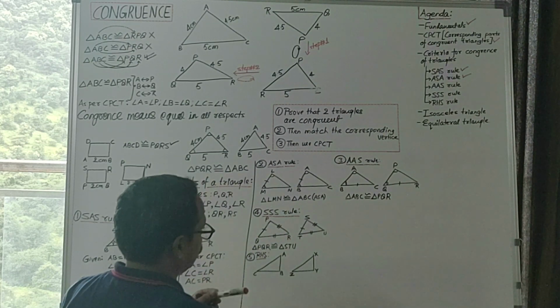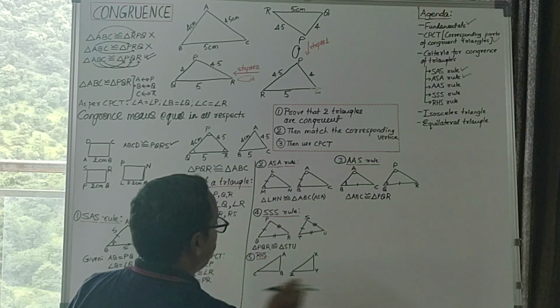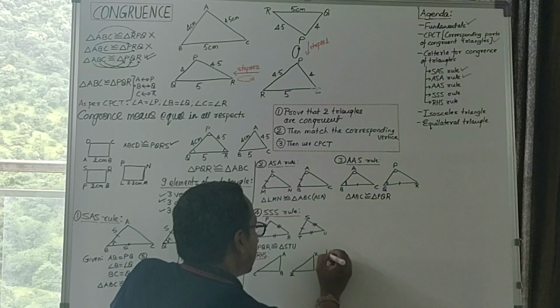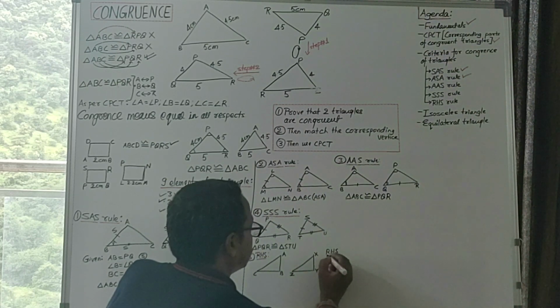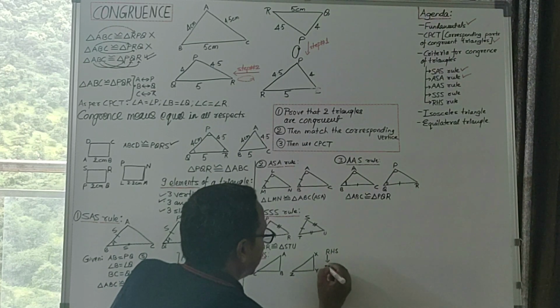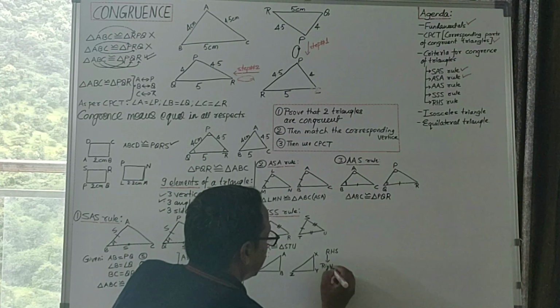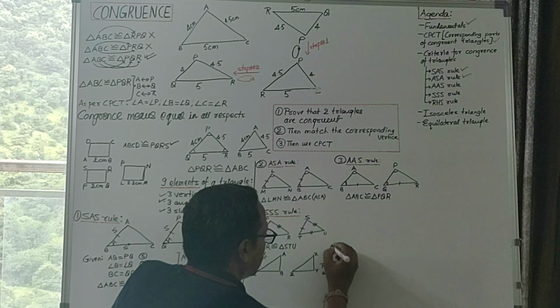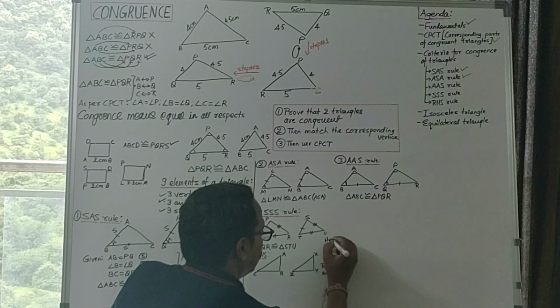I must write what the full form of RHS is. R means right angle, H means hypotenuse, and S means side.